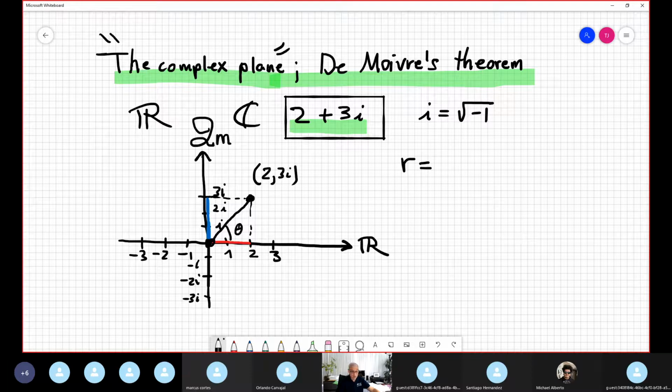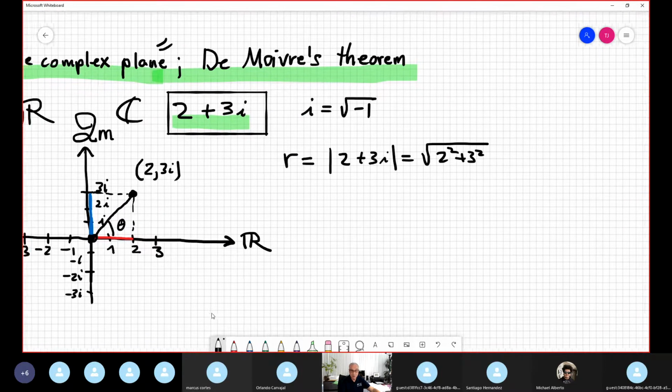So what is the idea? The idea is r, the absolute value of this complex number, is the square root of 2 squared plus 3 squared. This is 4 plus 9, 13. Square root of 13.